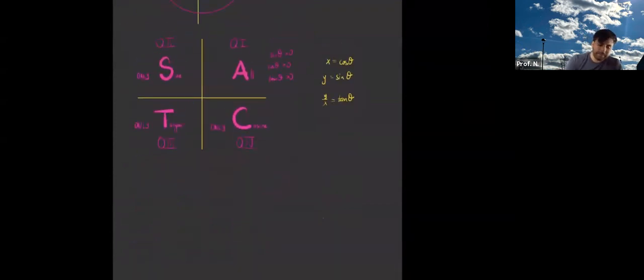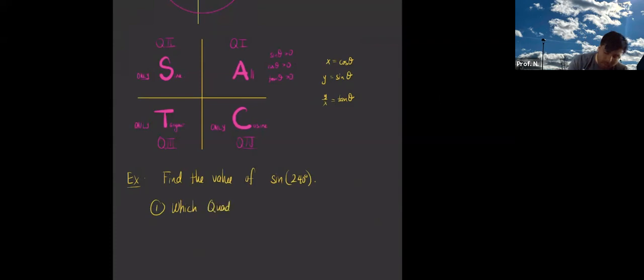So for example, find the value of sine of 240 degrees. The first question you ask is, in which quadrant is 240 degrees?